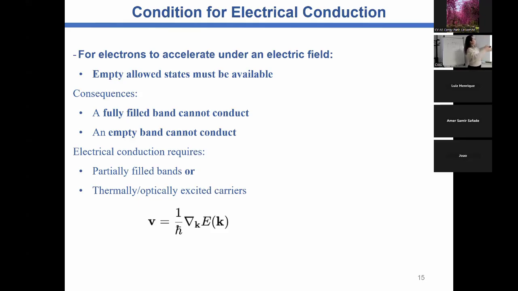If we apply different electric potentials to your material, metal or semiconductor, the condition is that there must be empty states, so we can fill them with the electric field.